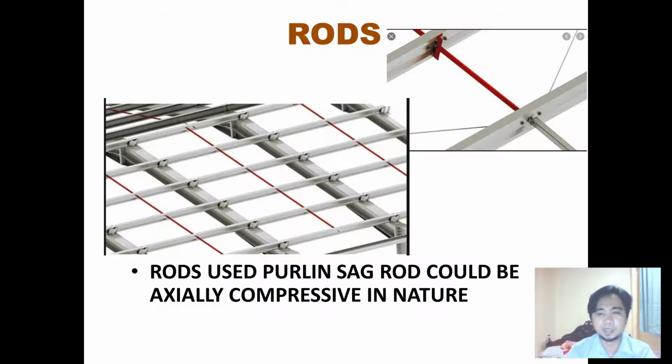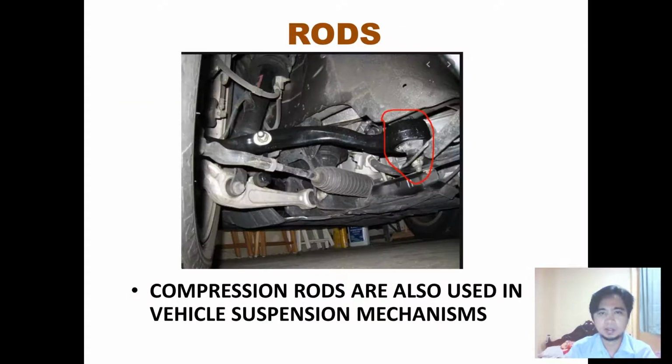It is connected by the sag rods, aside from the cleats that are attached to the truss itself. At the same time, it will control the sideways movement of the purlin that is carrying the roof material.